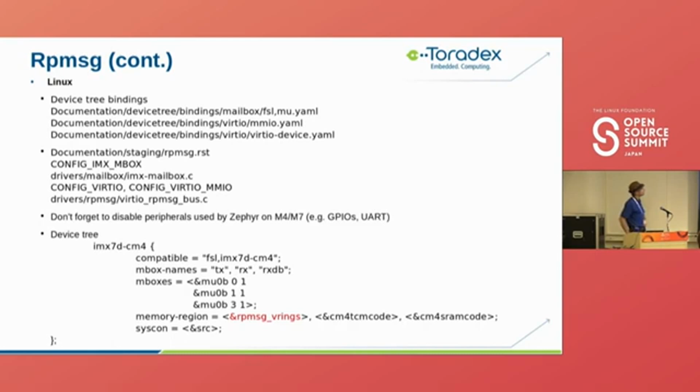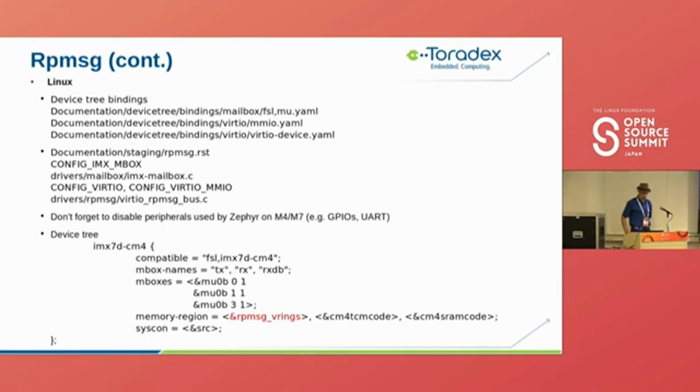And the documentation for RPMsg you find in the staging part of the documentation, and the config for it is CONFIG_IMX_MBOX, with the source code you can find there, and there is CONFIG_VIRTIO and CONFIG_VIRTIO_MMIO.